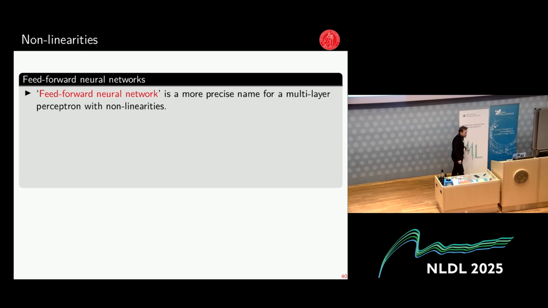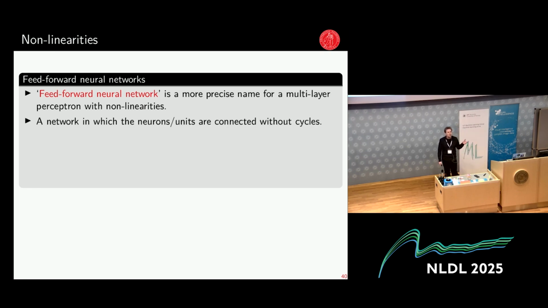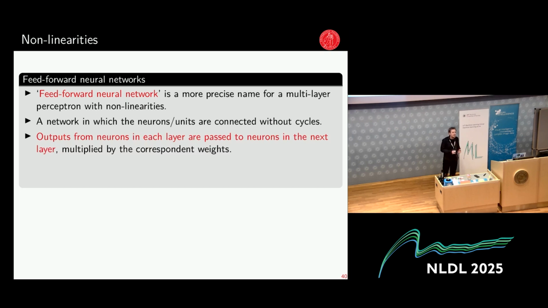Such architectures are sometimes called feed-forward neural networks. So that's a more precise name for a multi-layered perceptron. It means that the neurons, the computational units in the network, are connected to each other without cycles, right? And they are all fully connected in the sense that each neuron in the previous layer is connected to each neuron in the next layer, right?